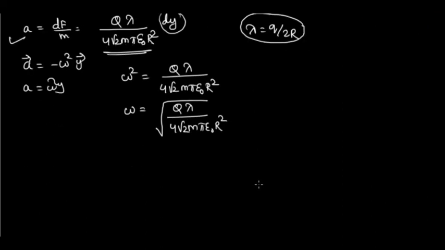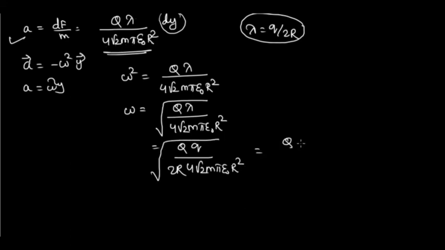So omega will be how much? Q into, in place of lambda, I have written q by 2r, divided by 4 root 2 m pi epsilon naught r square, square root. So that will be equal to how much? Capital Q into small q divided by 8 root 2 m pi epsilon naught r cube, square root.